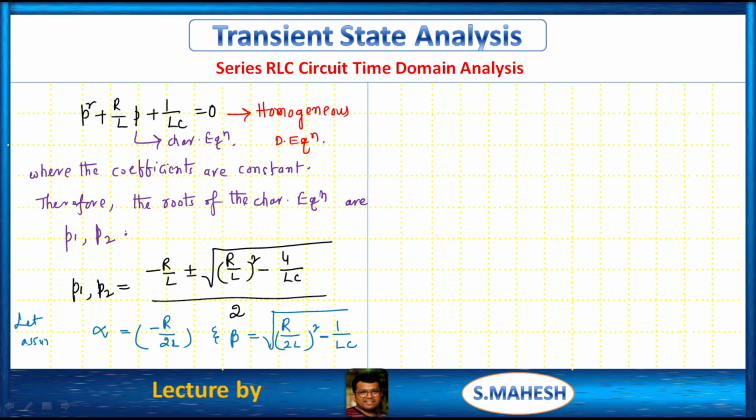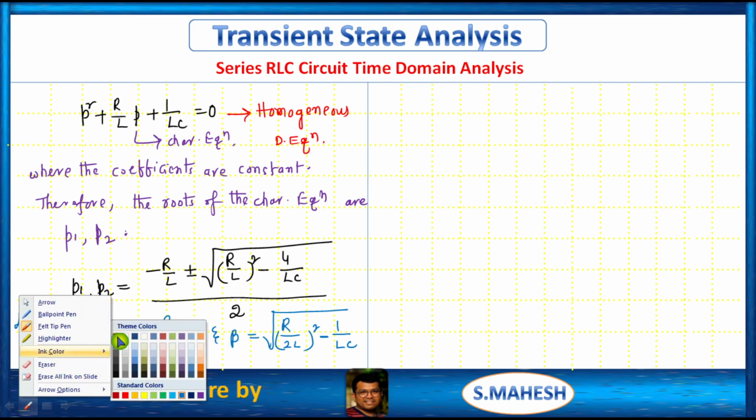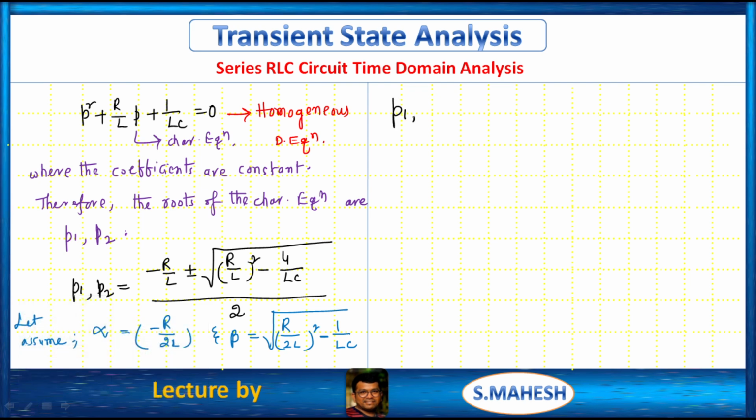Let us assume, for better simplification, right? That is what we have, P1 P2 is equals to alpha plus or minus beta, that is P1 let us say alpha plus beta, P2 let us say alpha minus beta. That's it. We have to get alpha and beta.